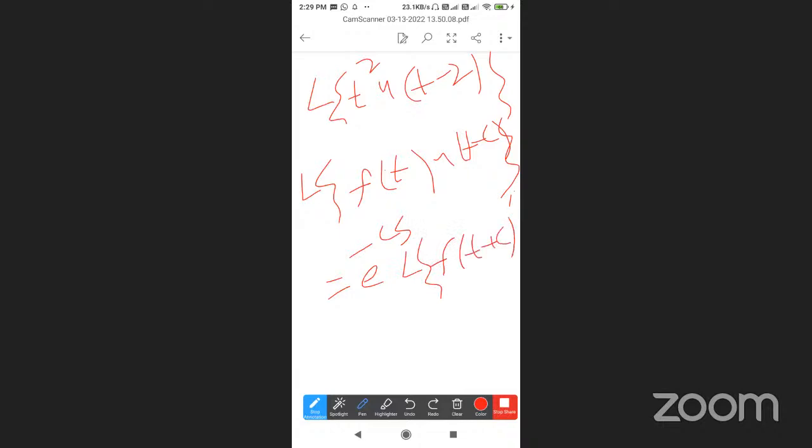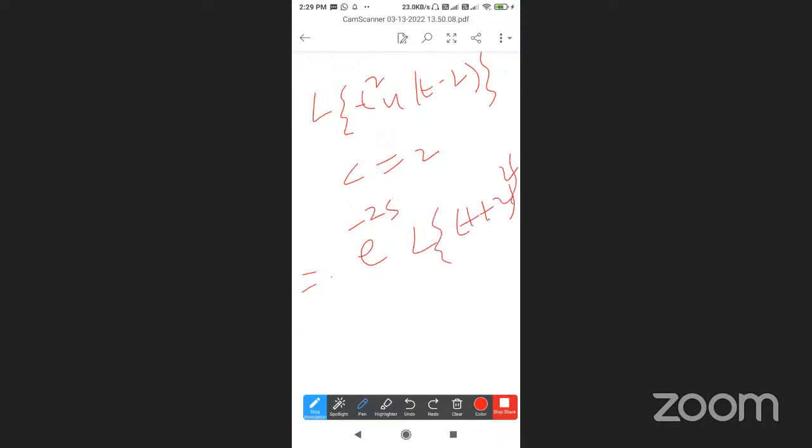Now, the Laplace transform of t square into u of t minus 2: here c is equal to 2. So it is e power of minus 2s into the Laplace transform of t plus 2 whole square, which is t square plus 4t plus 4.